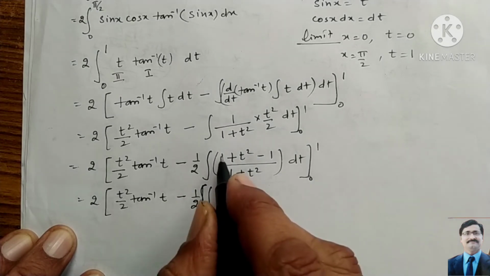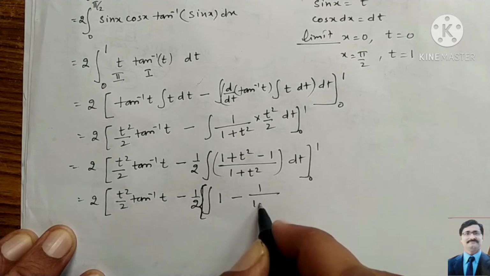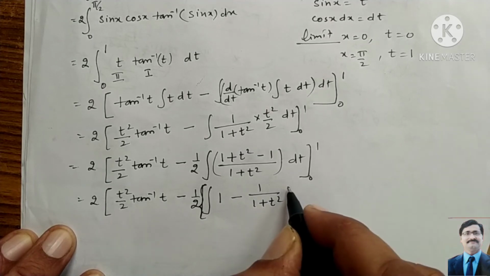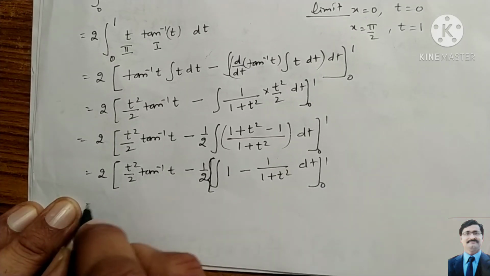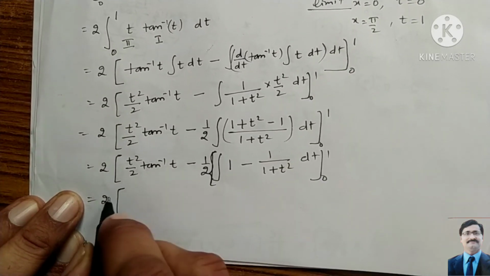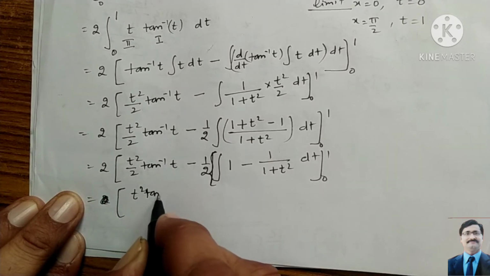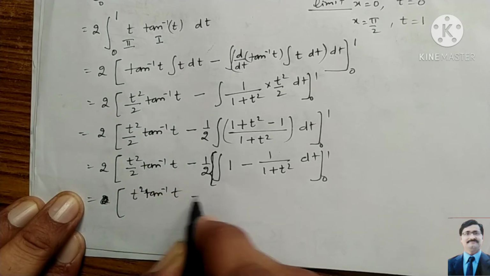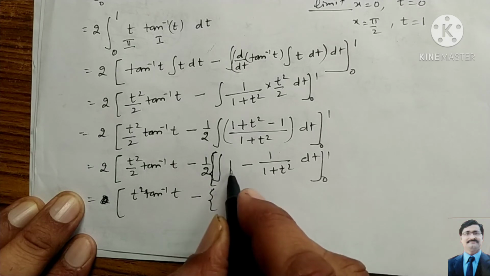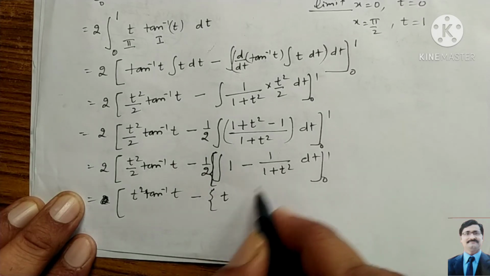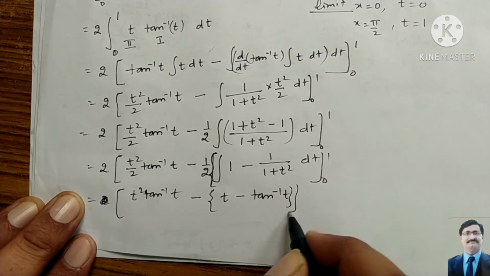If we divide 1 plus t square by 1 plus t square, we get 1, and minus 1 upon 1 plus t square and dt, from 0 to 1. Now look at this, 2 and 2 we can multiply, so we get t square tan inverse t, and this also we multiply, we get minus, and in the bracket the integral of 1 is t, and this integral is tan inverse t. The bracket closes with limits 0 to 1.